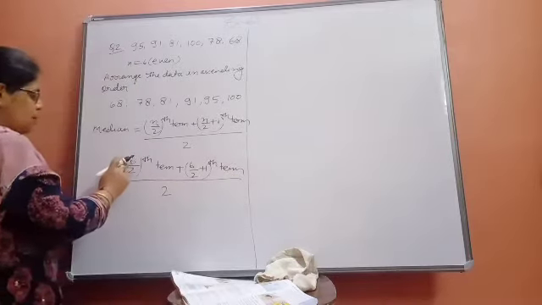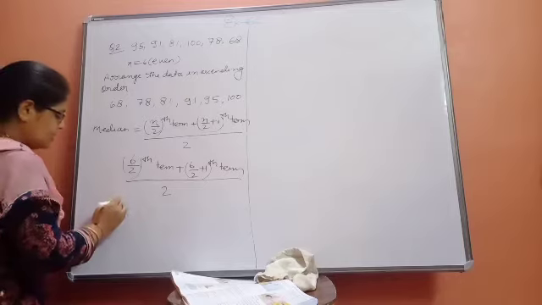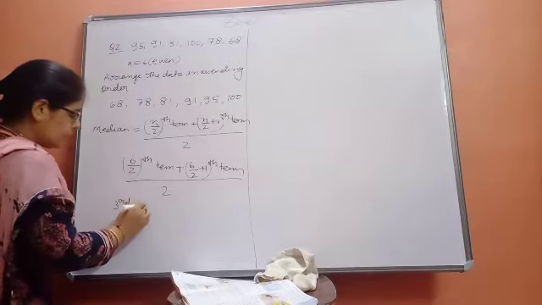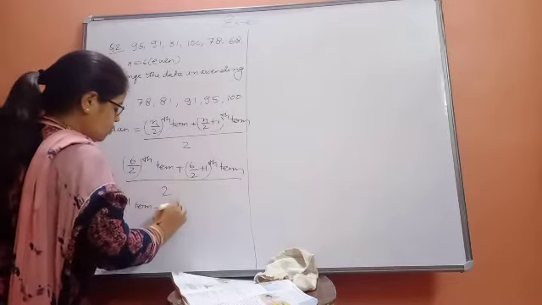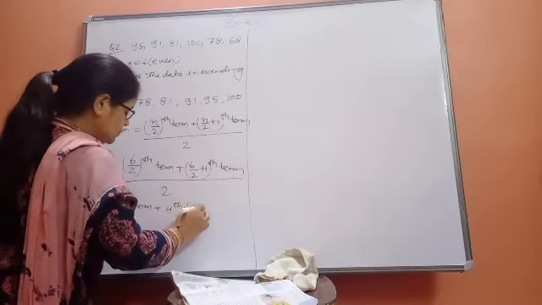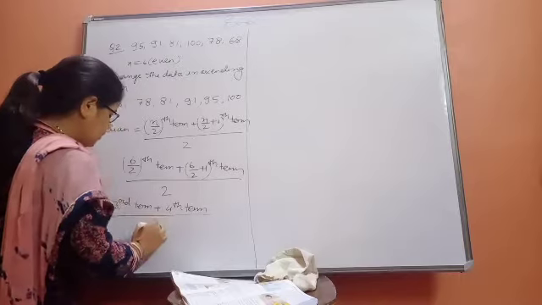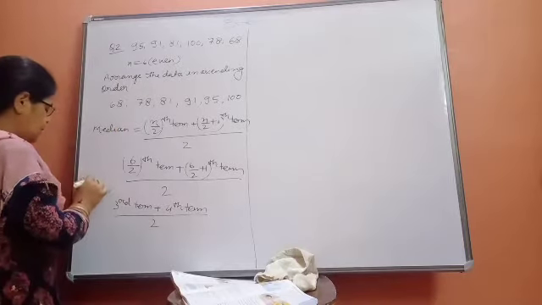So 6 upon 2 means the third term, plus 3 plus 1, the fourth term, divided by 2. Whatever comes will be the median.